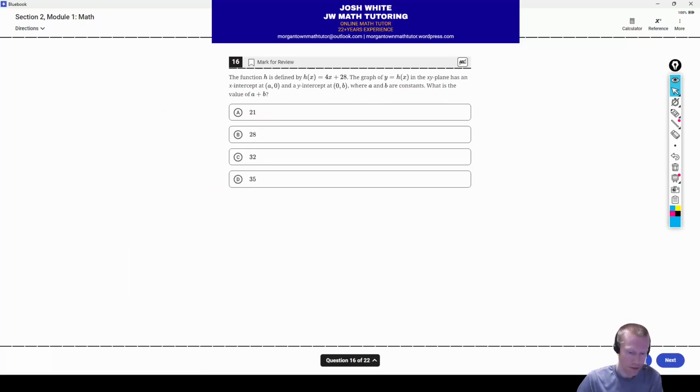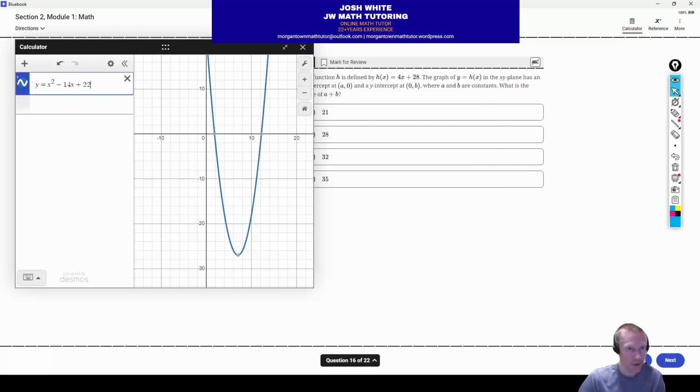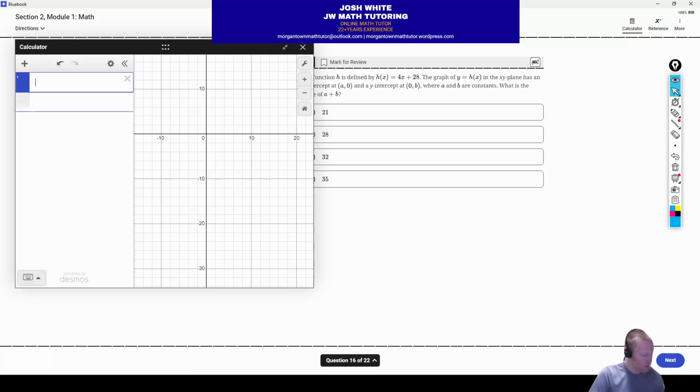All right, for this function, we have a line, and they're asked about its x and y intercepts, and they want to know the value of adding them together. So again, we're going to go back to Desmos. We're going to graph this line. We're just going to grab the values from it.